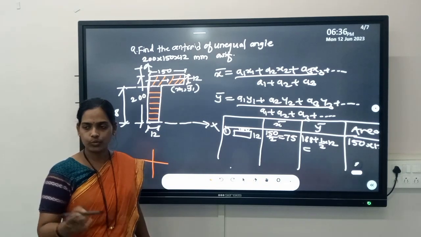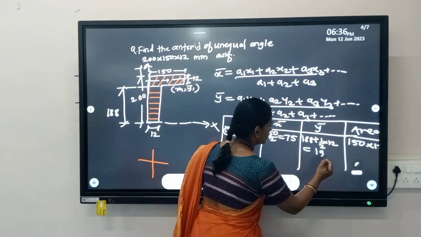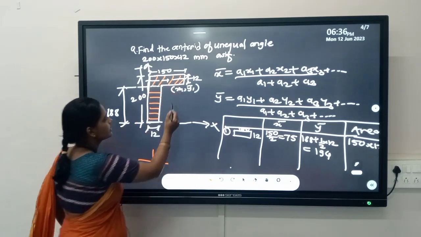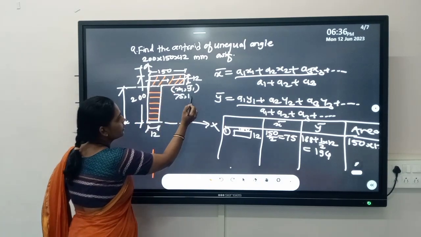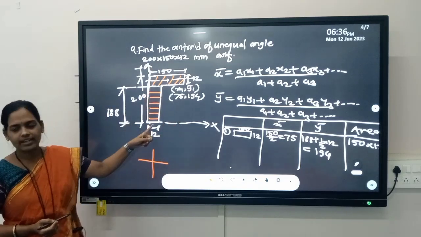It becomes 194 mm. So the centroid of this first rectangle will be 75 comma 194. Then the second part is to locate the centroid of the second rectangle.